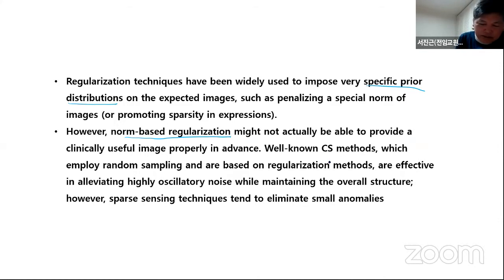Well-known compressed sensing methods, which employ random sampling and are based on regularization, are effective in alleviating highly oscillatory noise while maintaining overall structure. But sparse sensing techniques tend to eliminate very small anomalies that could be very useful.